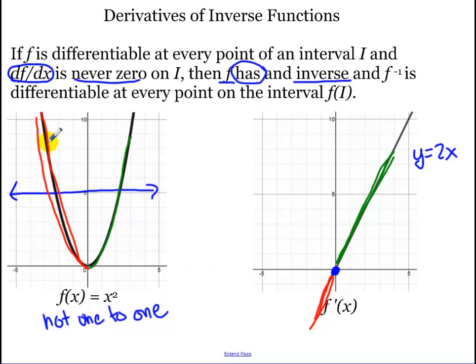Okay? So when a function changes from decreasing to increasing, it's not going to be 1 to 1. Thus, our derivative is going to change from negative to positive, and we can tell from our derivative that the original is not a 1 to 1 function.